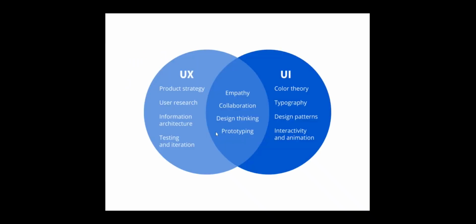Let's move forward. Now, this is just a Venn diagram that shows user experience, user interface, and then the intersections.